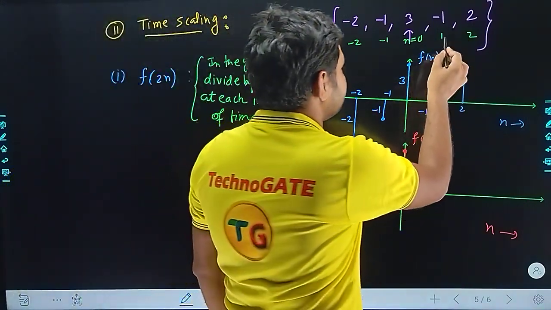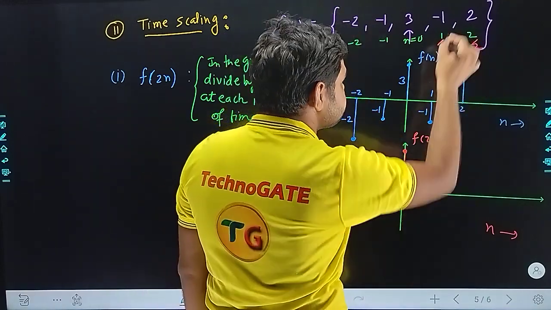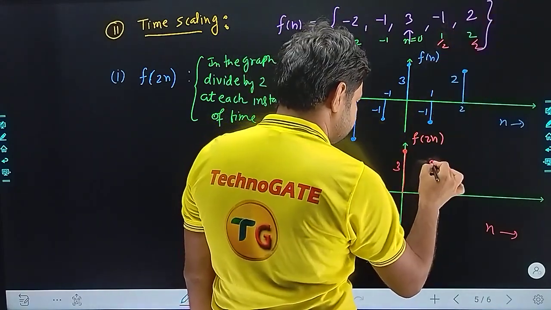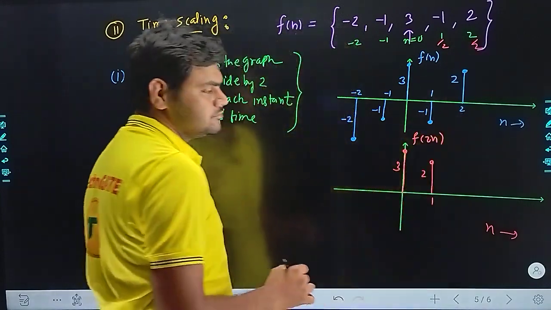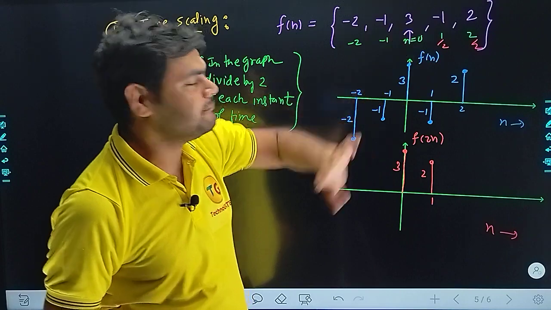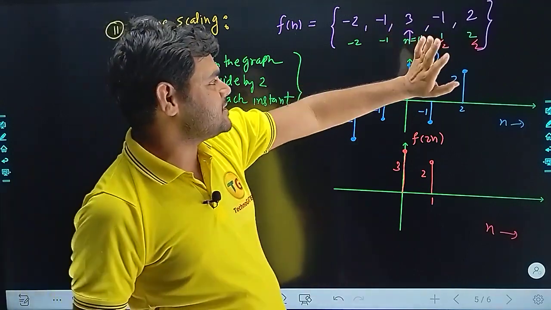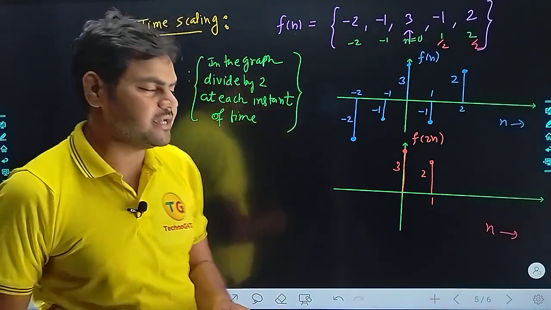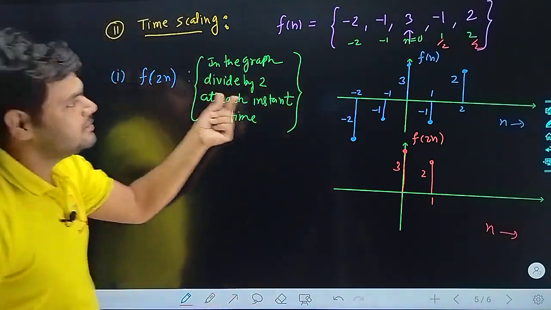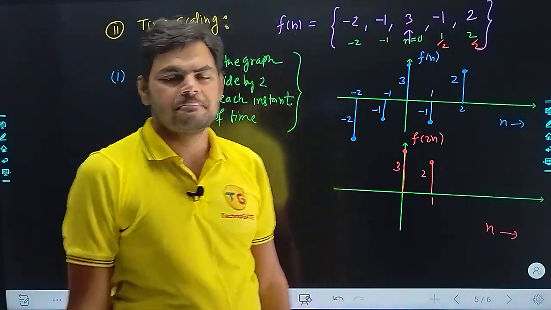When you divide 2 by 2, that becomes 1, so at n equal to 1 the sample 2 will be present. We have lost this sample minus 1. Please understand that once the sample present at 1 is scaled by a factor greater than 1, it reaches a non-integer position.